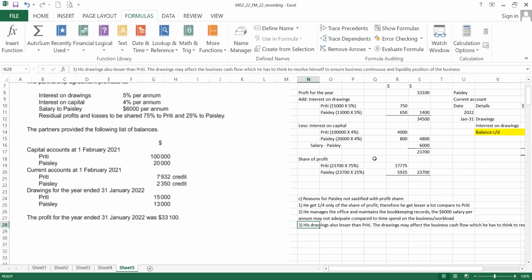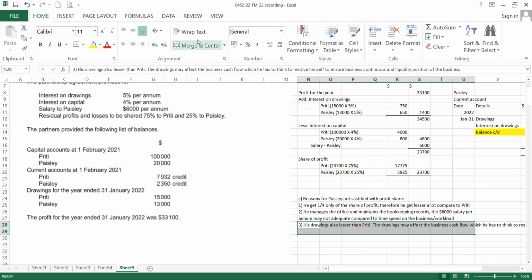So this is what may cause him to be unsatisfied. He may not be satisfied due to all these reasons.